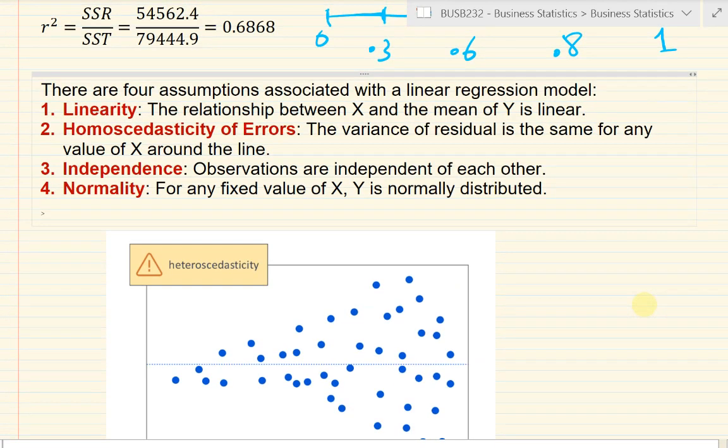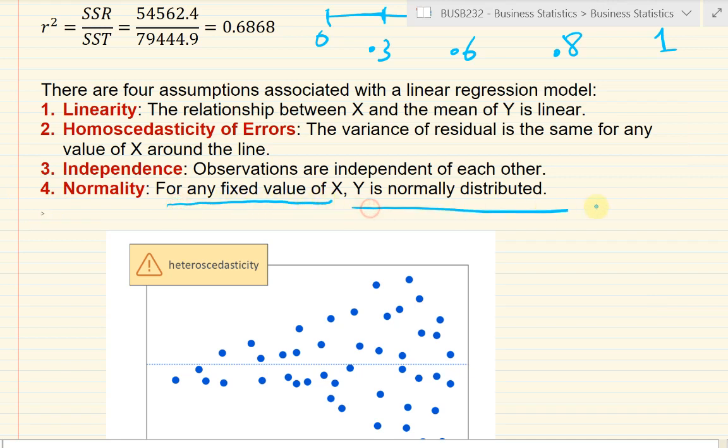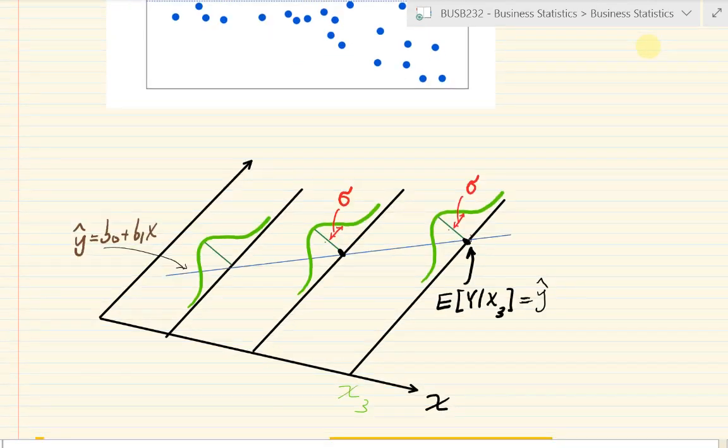So there you go. This is assumption 4, normality. What do we mean by assumption of normality? For any fixed value of x, y is normally distributed. This is what it means. Here I have 3 levels, x1, x2, and let's say x3. At every level the distribution of y is normal. So we expect y values to be random.